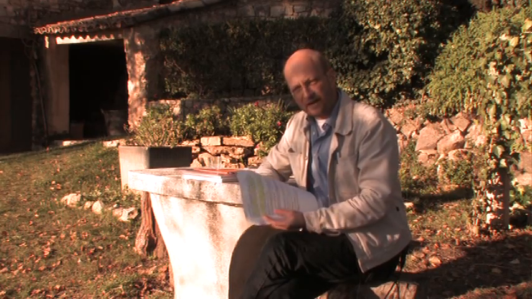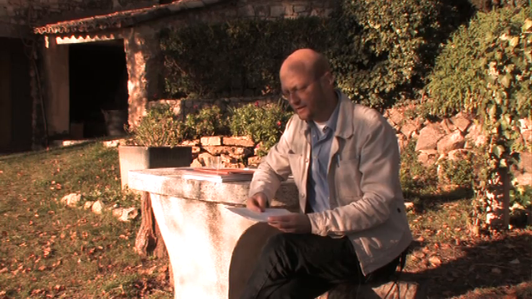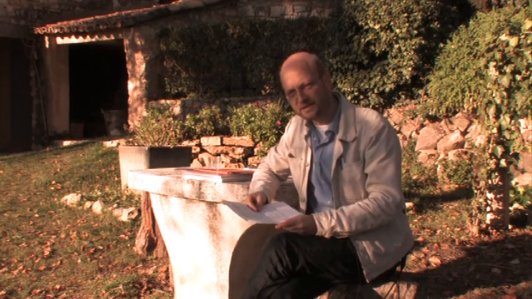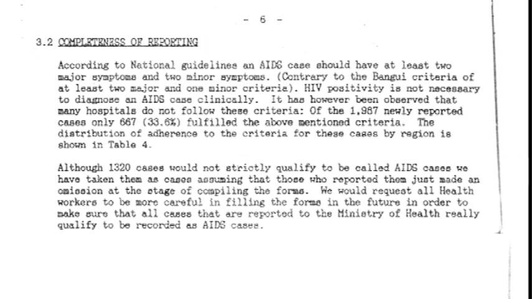Nevertheless, in one of the annual reports, the Minister of Health in Tanzania reports that only 33% of reported AIDS cases actually fulfilled these AIDS-defining criteria. "Although 1,320 cases would not strictly qualify to be called AIDS cases, we have taken them as cases, assuming that those who reported them just made an omission at the stage of compiling the forms."